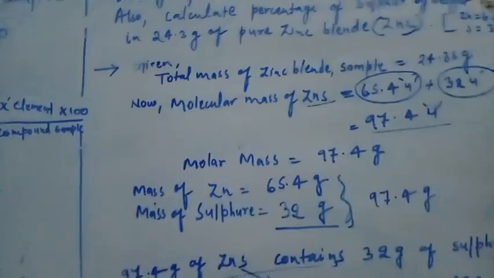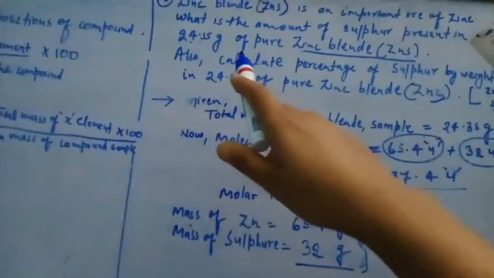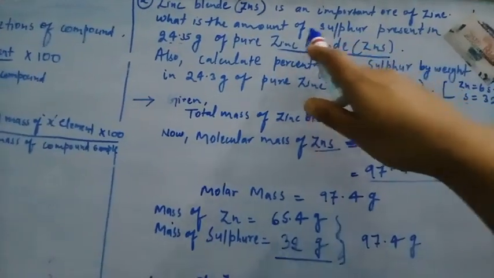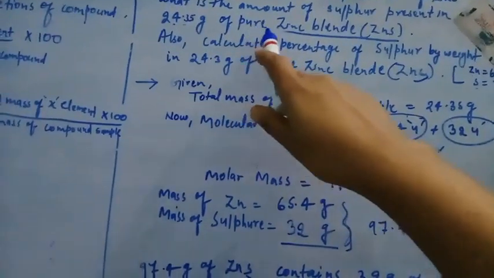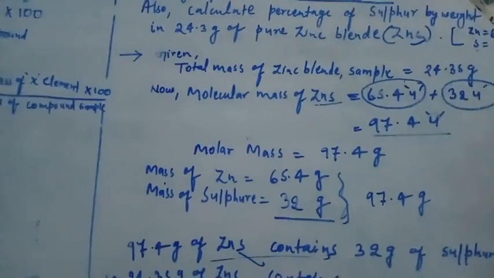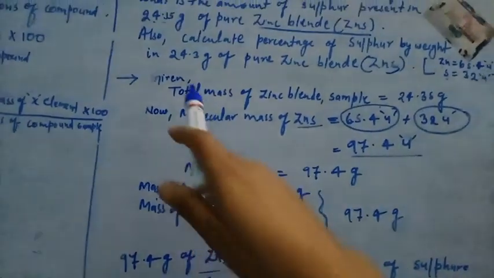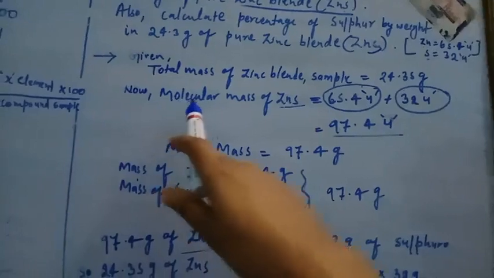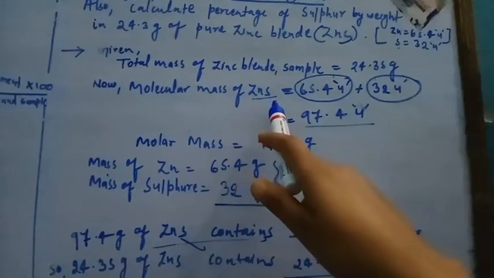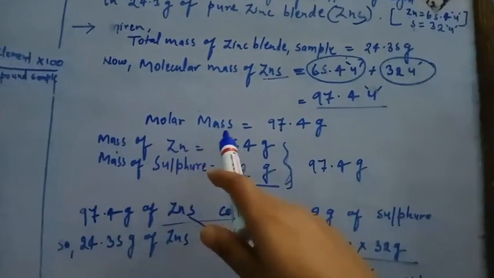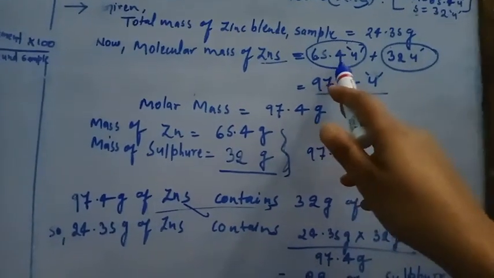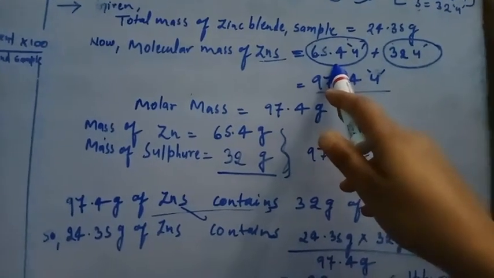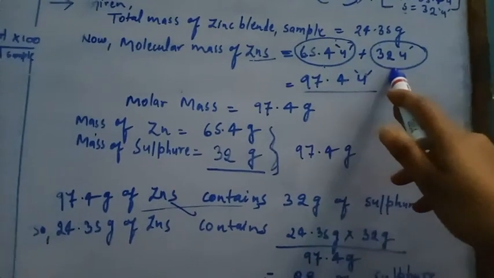So we have got the percentage of sulfur in 24.35 gram of zinc blende sample, that is equal to 32.85%. So we have calculated the amount of sulfur, that is 8 gram of sulfur present in 24.35 gram of pure zinc blende also. We will see once again. We will first find out the molecular mass of ZnS. From that we will find the molar mass, and from the molar mass we will get the total mass of zinc and total mass of sulfur.